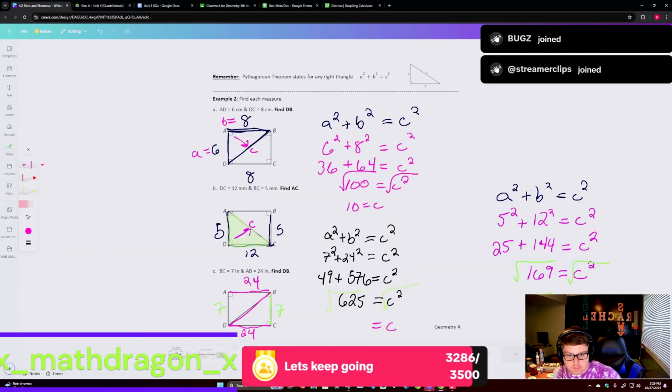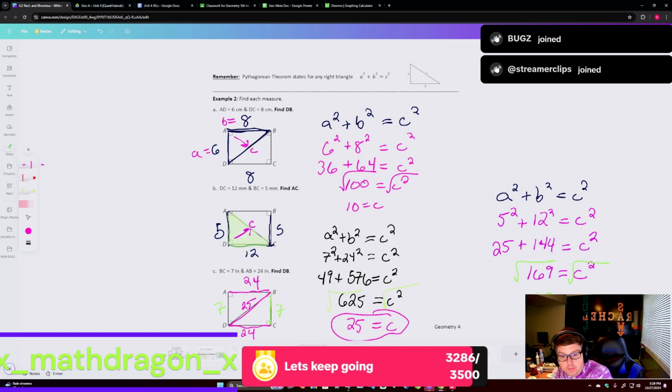I figured it would come out to be a nice answer, but just to make sure. And another Pythagorean triple. Apparently 7, 24, and 25 is a Pythagorean triple as well, because they all are nice integers. 6, 8, 10, like we had here. We have 7, 24, and 25. We had 5, 12, and 13 is another Pythagorean triple.